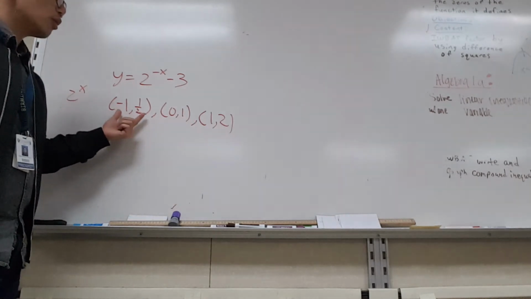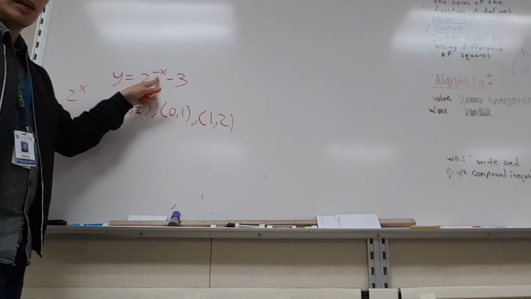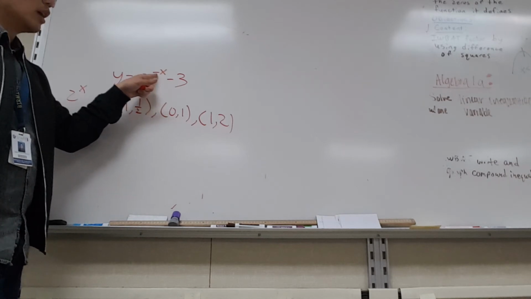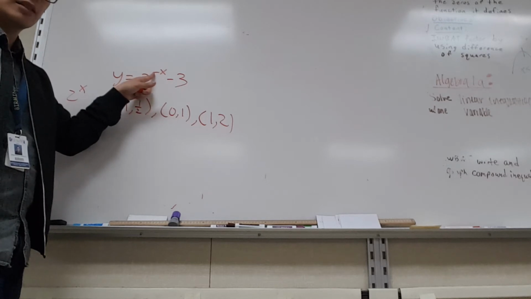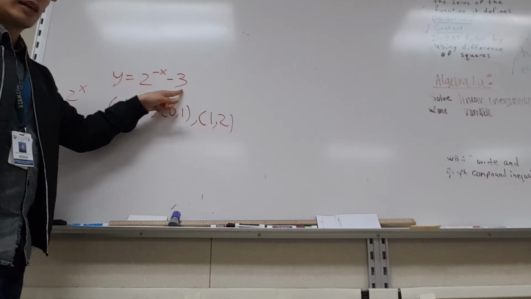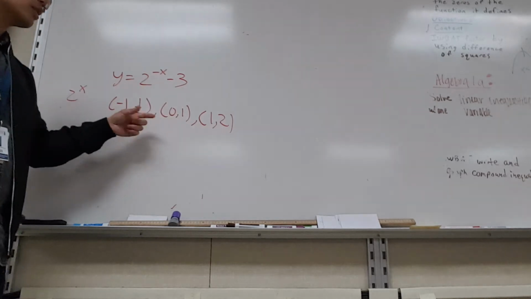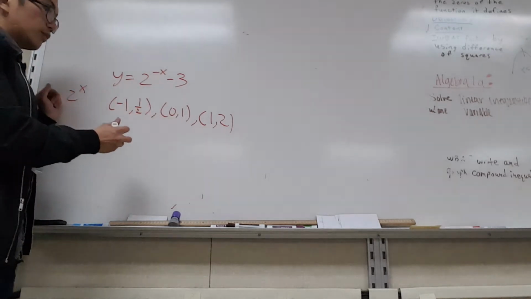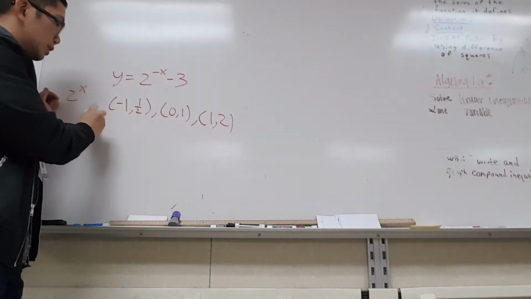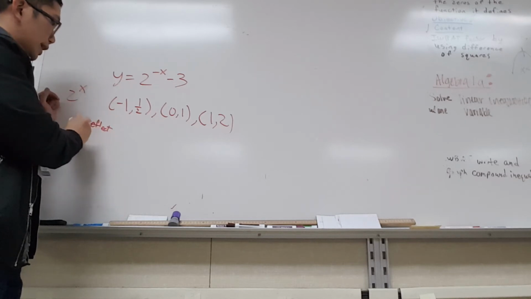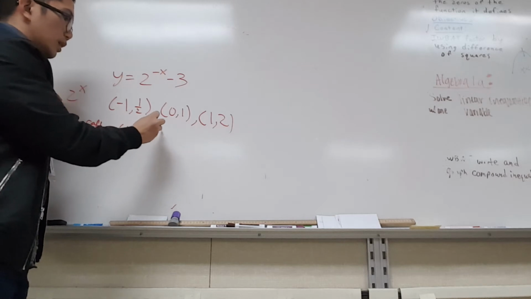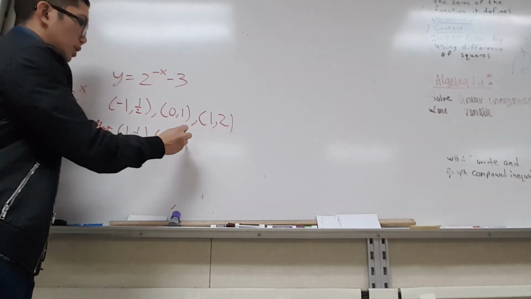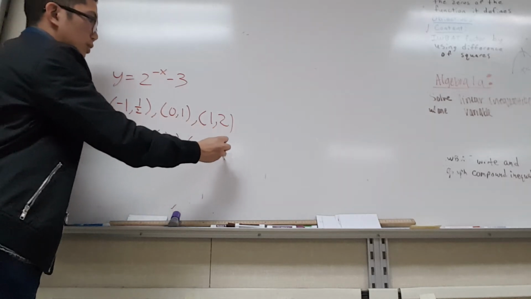Now, if I look at my function here, the x is being negative, which means I reflect it across the y-axis, and then I go down 3. So if I reflect across the y-axis, then my x values change. So this becomes 1, 1/2, 0, 1, negative 1, 2.